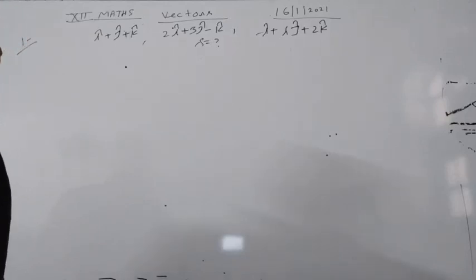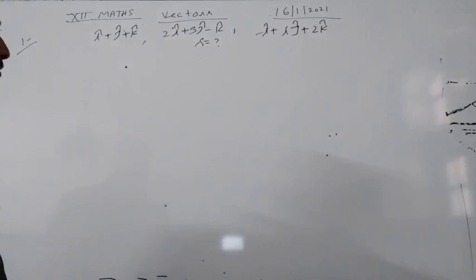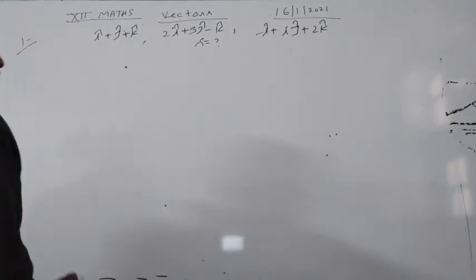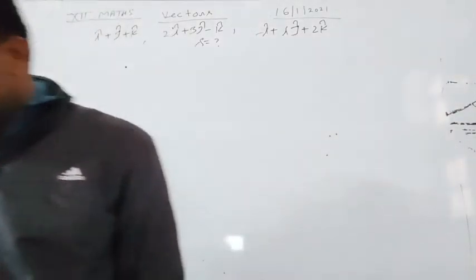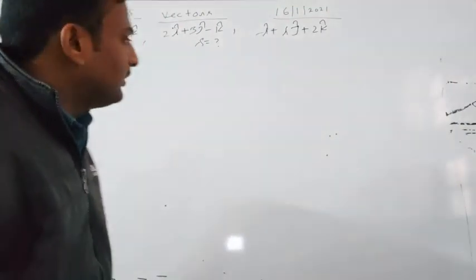Okay, students. Now we have to show that these three vectors are coplanar. For proving three vectors coplanar, we know that [A, B, C] is equal to 0.